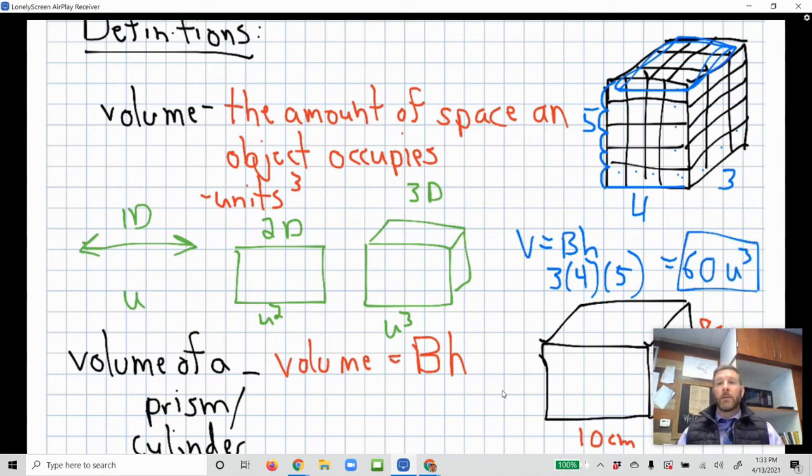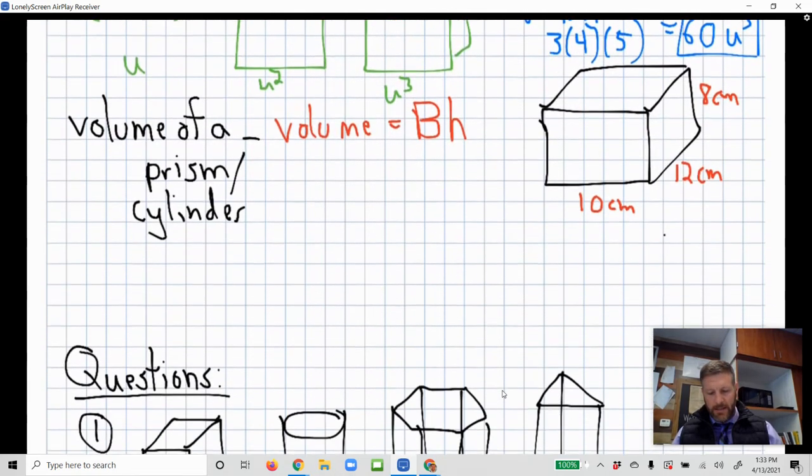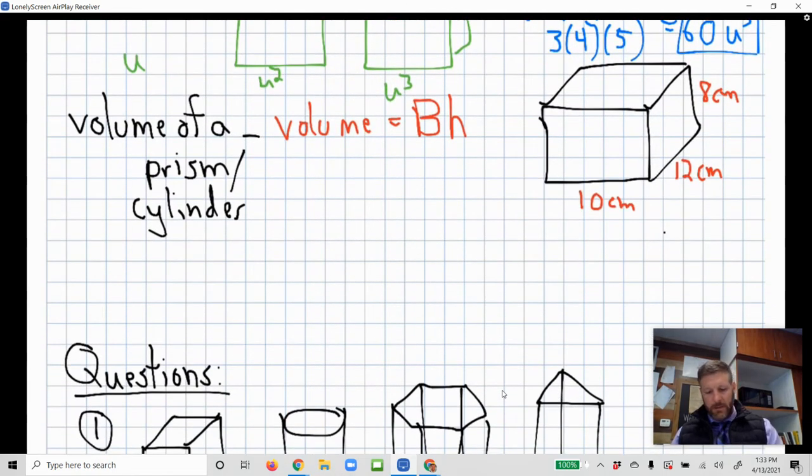If you counted up all the little blocks that I've drawn there, you would see there are actually 60 blocks, which illustrates that it is, in fact, a number that makes sense. If we go to my second example here, this is a nice little rectangular prism. Let's find the base. Volume equals the base times the height. The base would be 10 times 12.